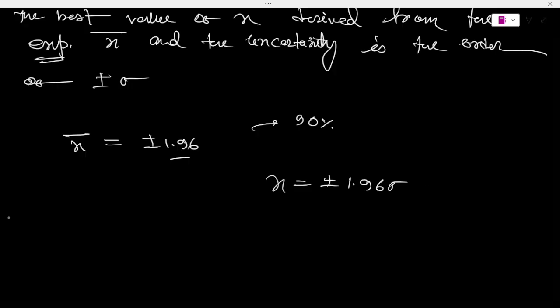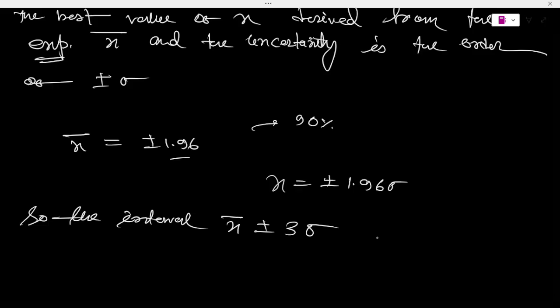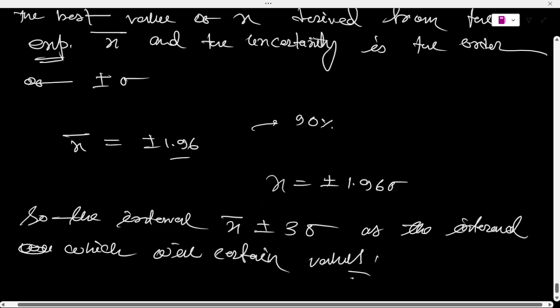So the interval x bar plus or minus 3 sigma is the interval in which the true value lies with certainty.